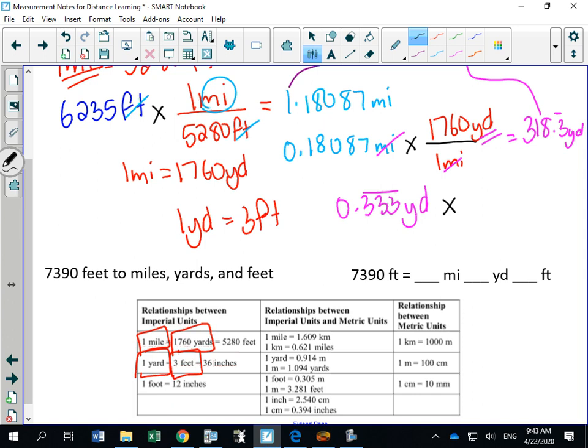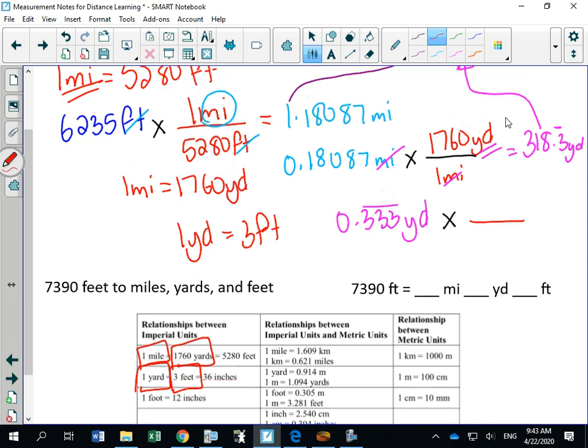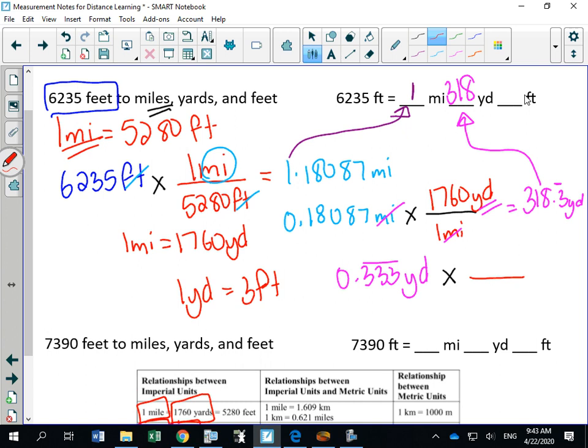So take that decimal, and we're always going to multiply it by the conversion. What do I want? I want feet. What you want goes on top always. So I want feet. 3 feet goes on top, and 1 yard goes on the bottom. Again, double check, a yard and a yard cancel. My answer is going to be that decimal times 3.